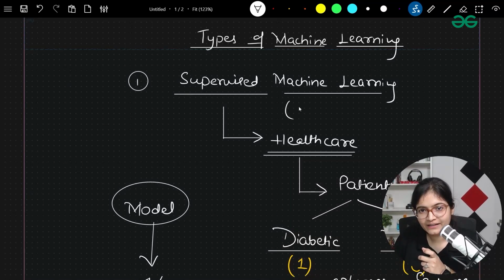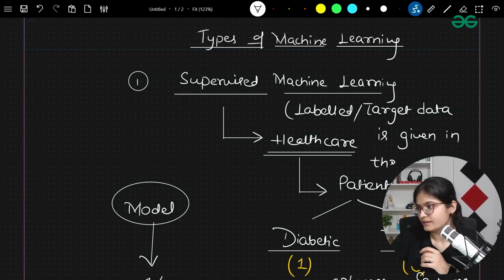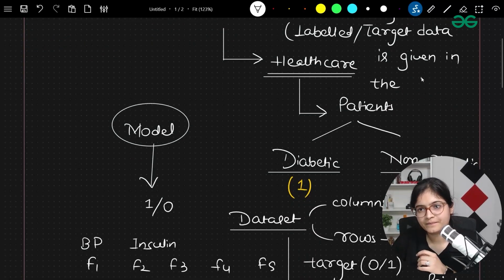In literal terms, it means that labeled, or you can say target, data is given in the data set. Simple, very, very simple.